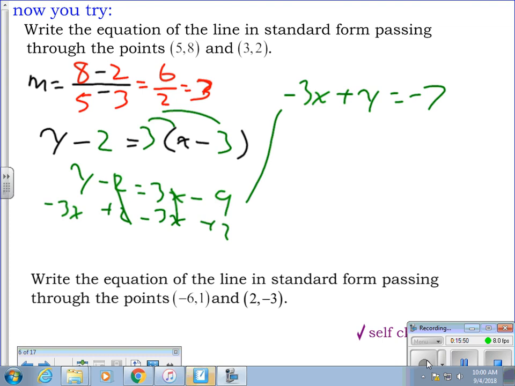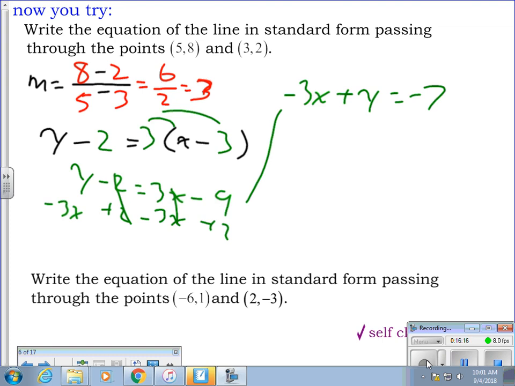Now, some people, not me, are really hung up on the idea that your x's must be positive in standard form. Me, I don't really care. If you look it up in different textbooks, some care, some don't.